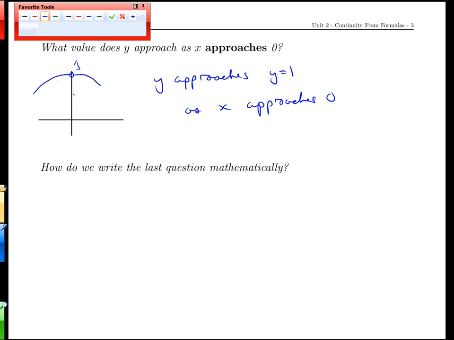Well, in fact, that kind of statement's really important, so we formalize it in a nice mathematical expression. What we say here is, instead of as x approaches 0, we say the limit as x approaches 0.